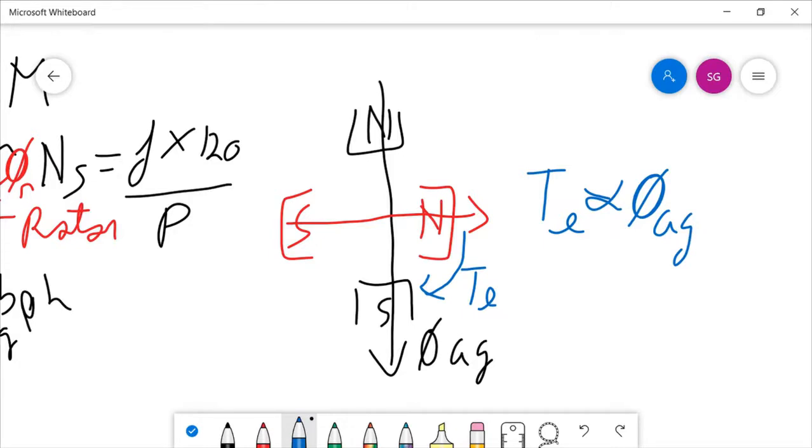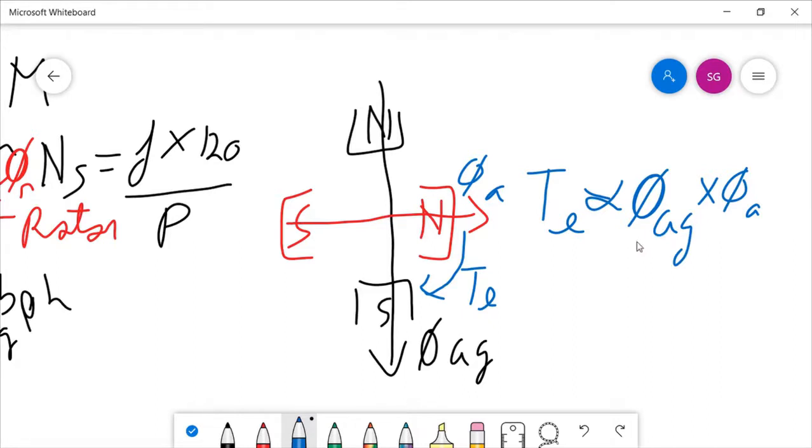This is phi Ag, and phi A. Phi A is the flux due to the armature winding. So here it is, this is the armature winding. This is the rotor. The induced EMF is present in this rotor, and this is generating your flux phi A.